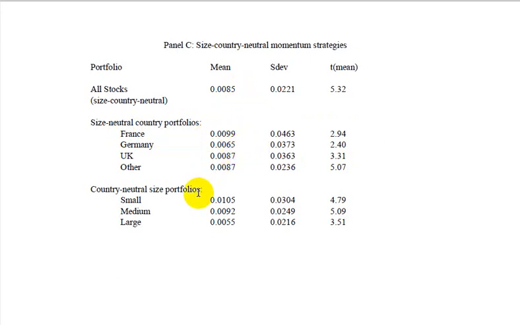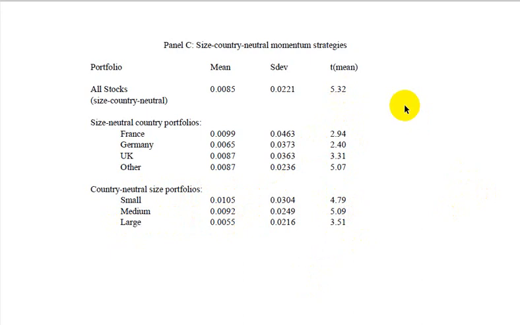However, we do see, as we found in the prior table as well, that the smaller size companies in the portfolio seem to outperform the larger companies, and especially when we control for country bias. It looks like the small companies doubled the return of the large companies. And all of these results have significant t-statistics.